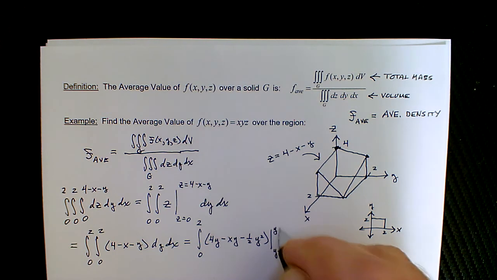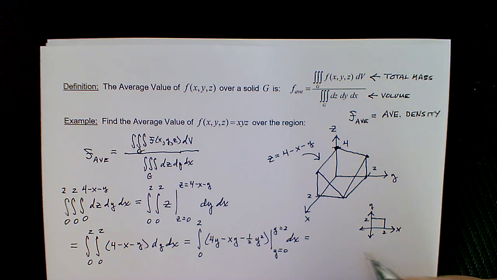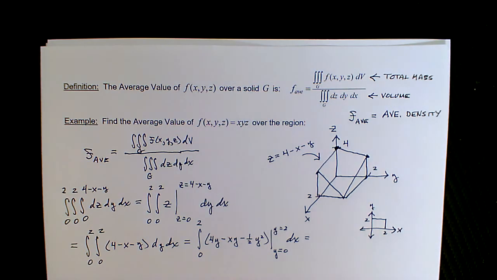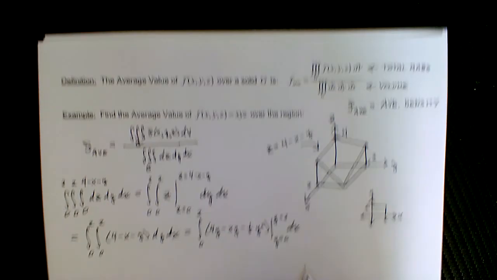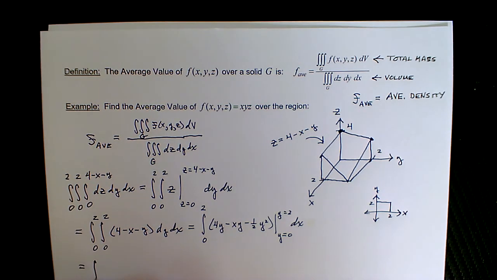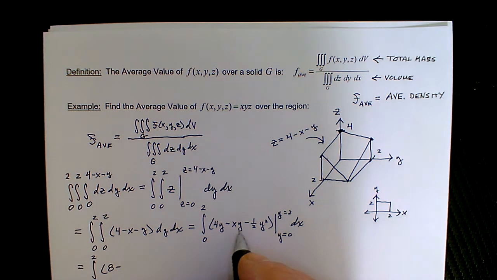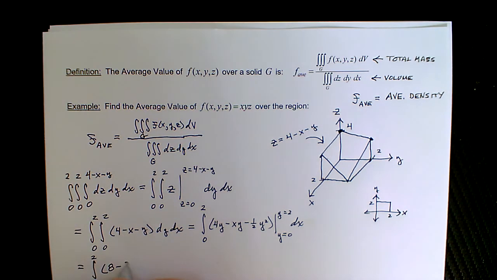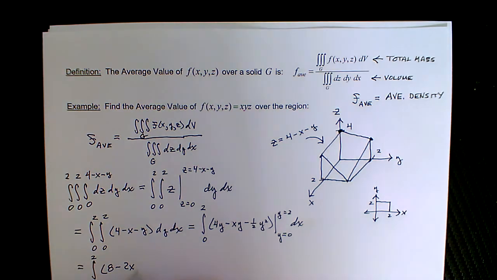And then upper limit goes in, so we put a 2 in for y. So we got the integral from 0 to 2 of 8 minus 2x, and then this gives us 4, so minus 2. That's with respect to x. So you might want to make that simpler.